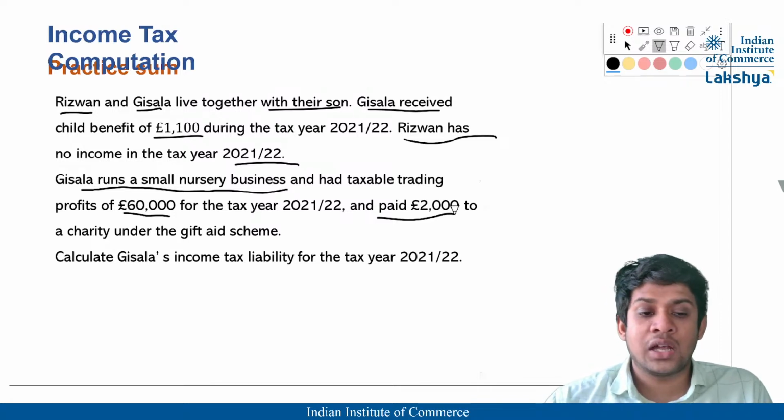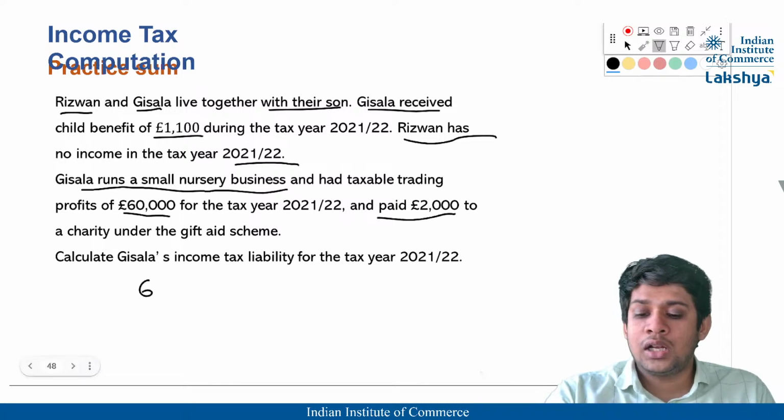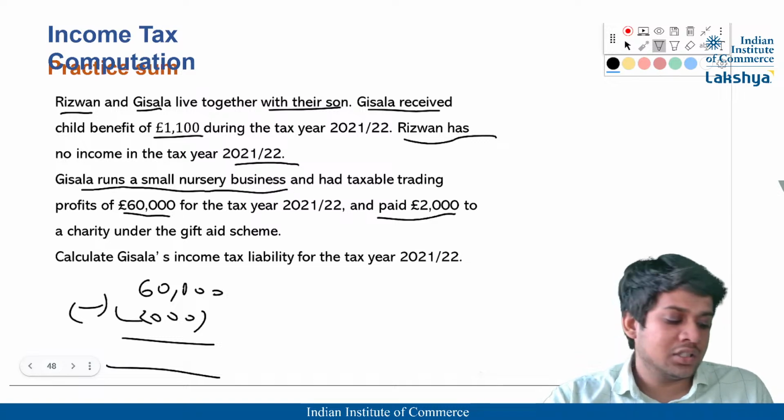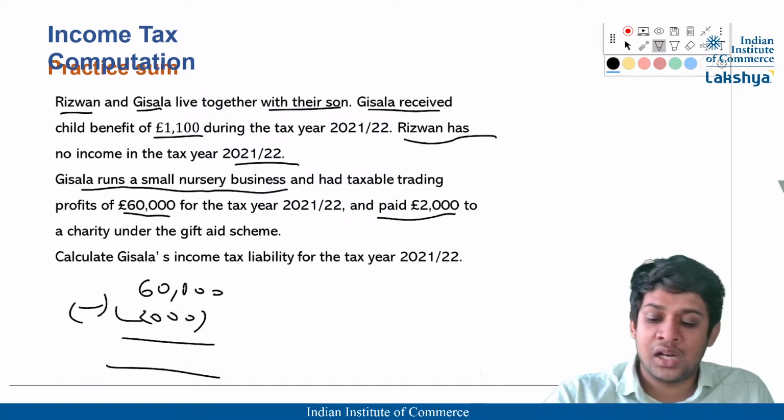First, you have to check the child benefit tax charge. Her income is 60,000, but from that you will deduct the 2,000 paid under the gift aid scheme, which gives her an adjusted net income of 58,000.